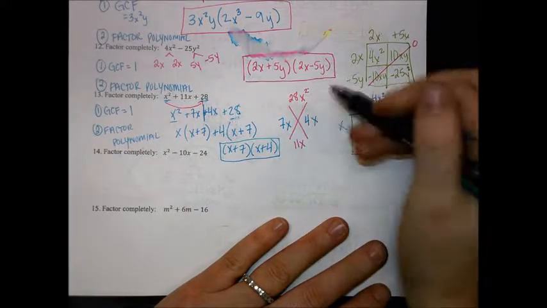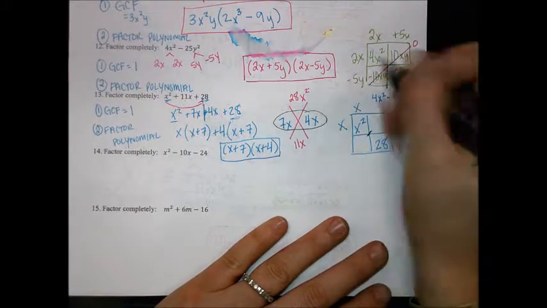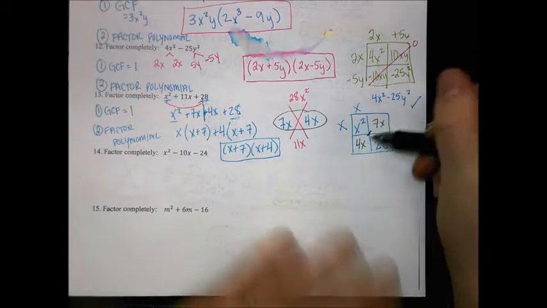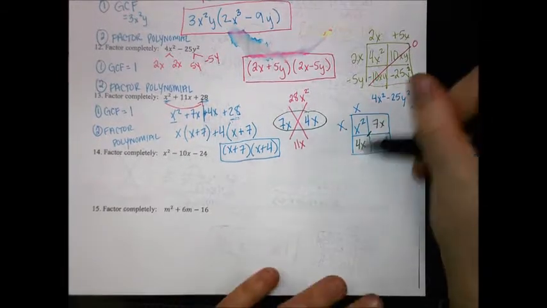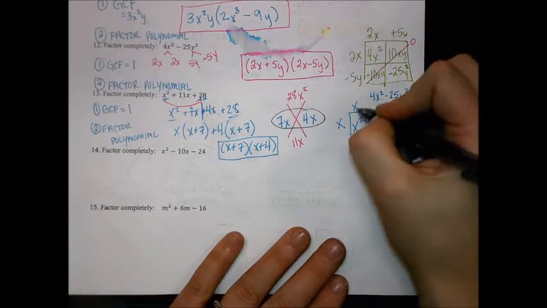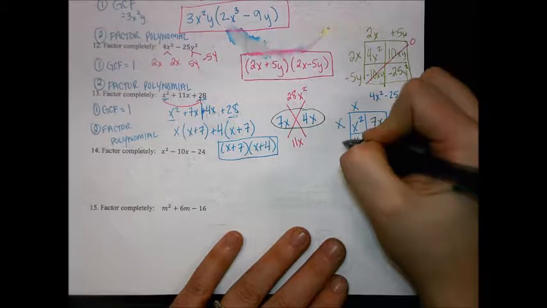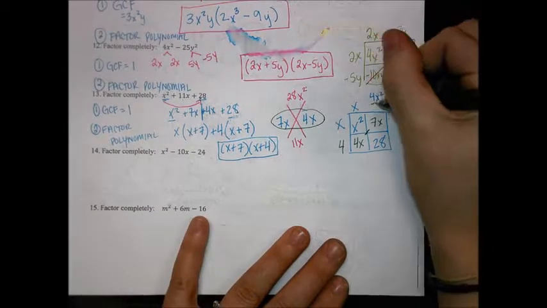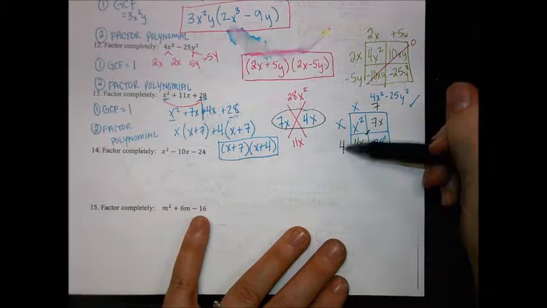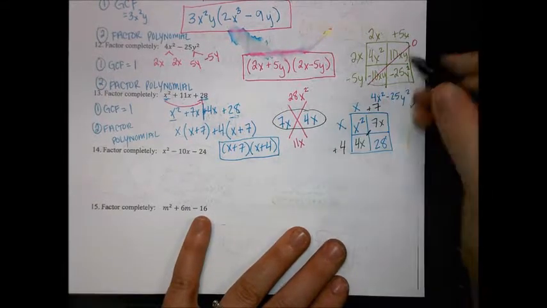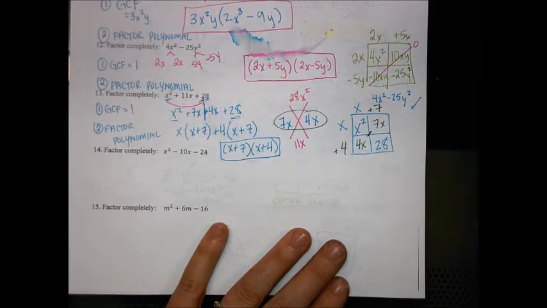Those numbers still come from this diamond: 7x plus 4x adds up to 11x, but they multiply to 28. So x times what gives me 4x? That's a 4. X times what gives me 7x? That's a 7. And is positive 4 times positive 7 positive 28? Yes. So those are both positive because all of my numbers inside are positive.